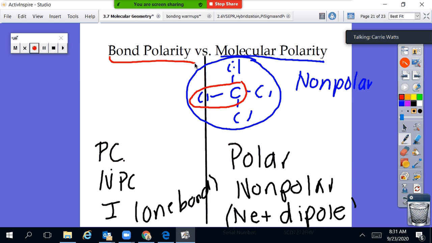Okay, and when you subtract the electronegativities or look at where it would be on the chart and make an estimate, you can see that it would be a polar covalent bond. So you can have polar covalent bonds in a nonpolar molecule. Okay, so just keep bond polarity versus molecular polarity clear. Even though all these bonds are polar, because the net dipole forces cancel each other out, it's still a nonpolar molecule.